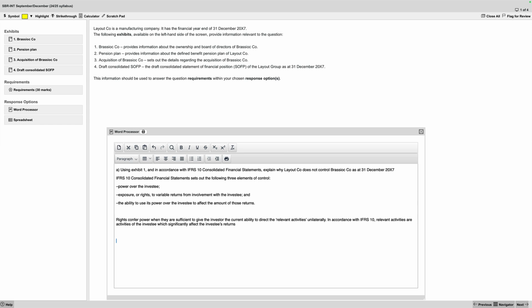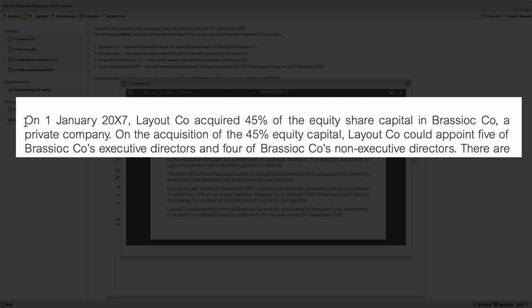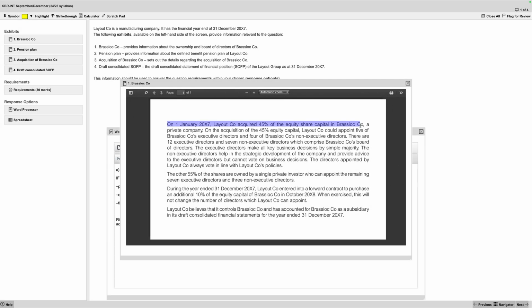But as we all know, SBR is not just about knowledge, it's also about application. So it says using Exhibit 1. Here we go then. All we're going to do is make sure that we use every part of this scenario. So on the 1st of January, we acquired 45% of Brassioc. So stop there.